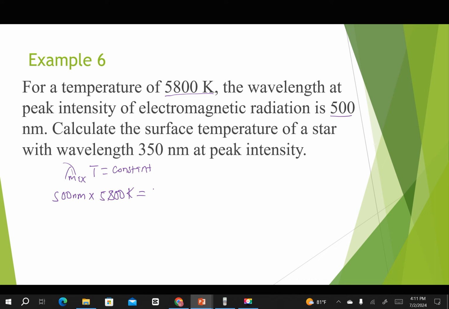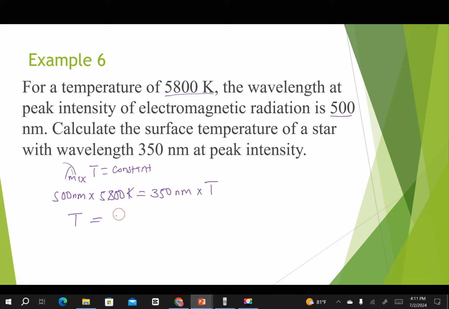For the other one, the wavelength is 350 nanometers, times the temperature which we want to find as T. If I make T the subject, for those of you who are doing OCR, remember making a subject is very, very important.